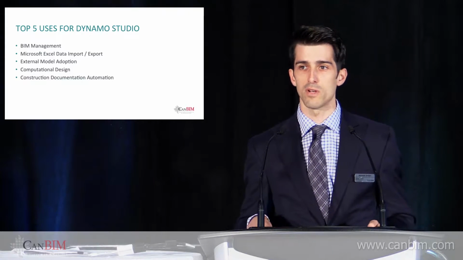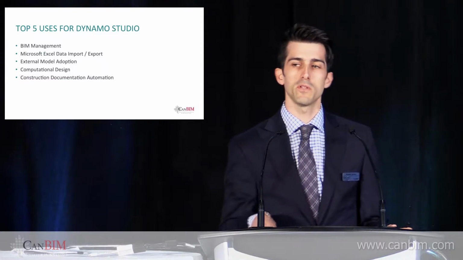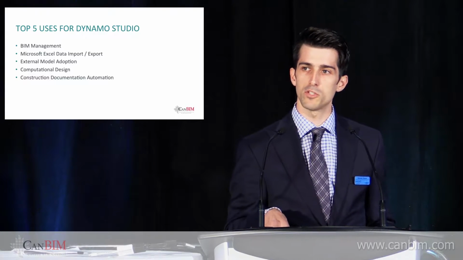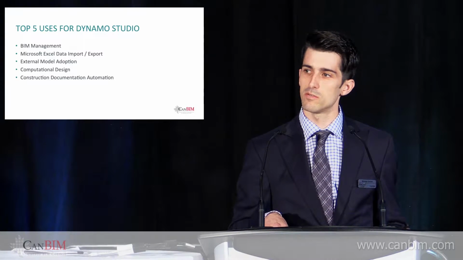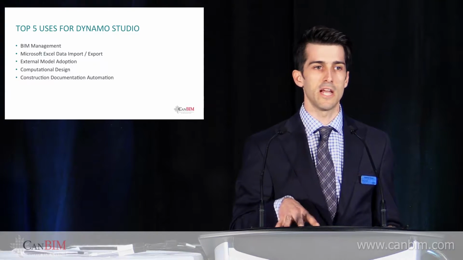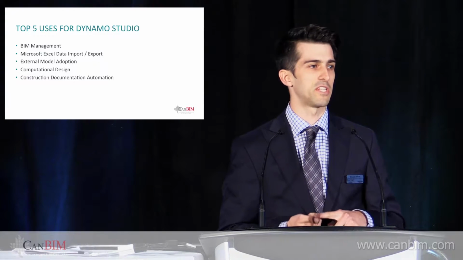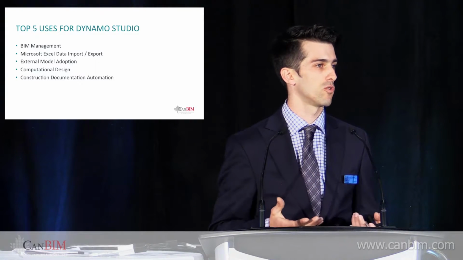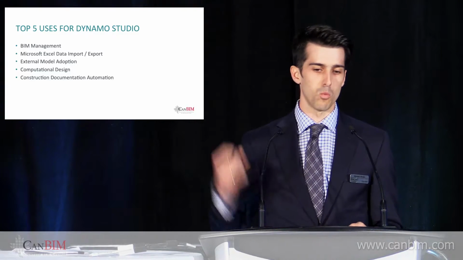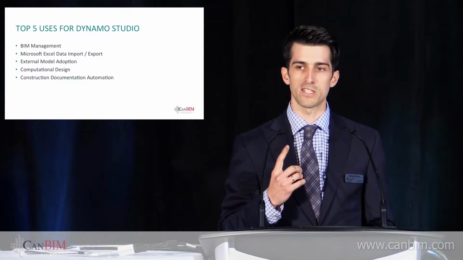Microsoft Excel, data import and export. You can put this together however you want. You can build an Excel spreadsheet with all the parameters that you need from your building bylaws, including setbacks, building heights, GFA requirements, and you can have it generate your grids, make the grids go on a 6x9 structural integrity, have it generate the walls, the columns, the floor types, the areas, even right down to the elevator core, all from one Excel sheet.